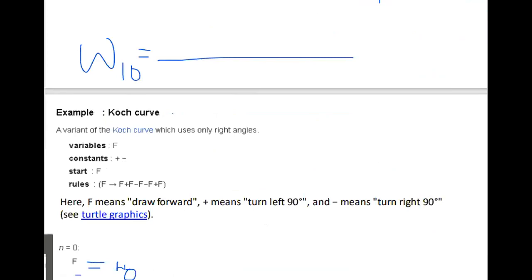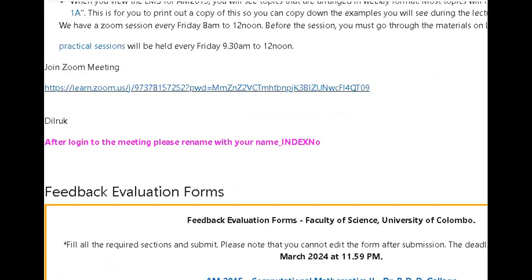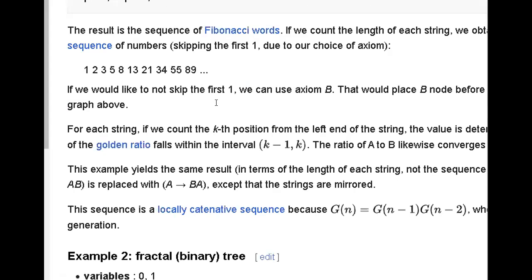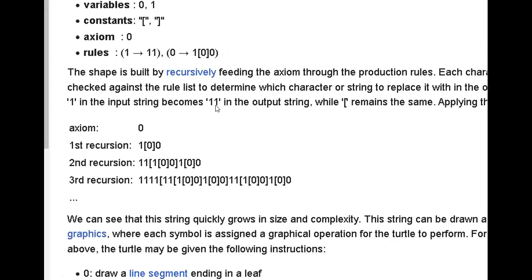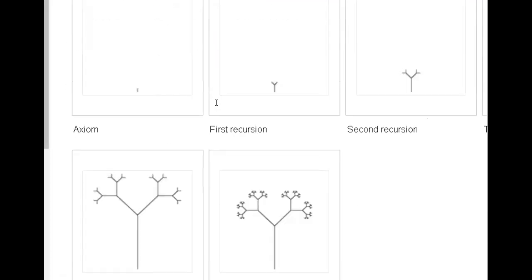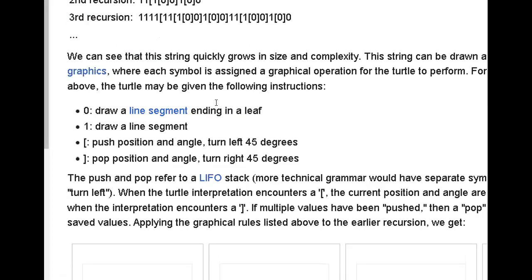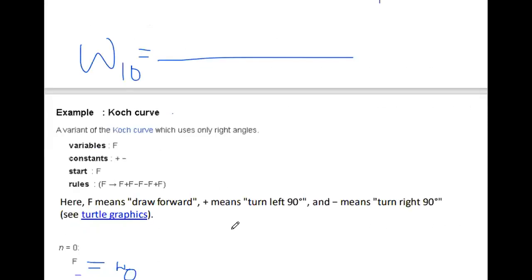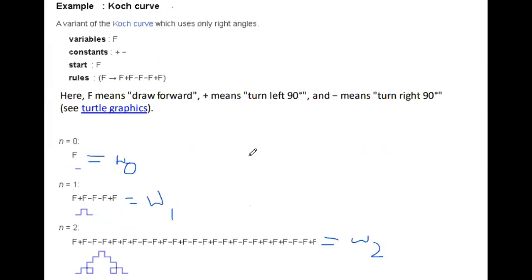If you go to the Wiki, you can visualize these words.